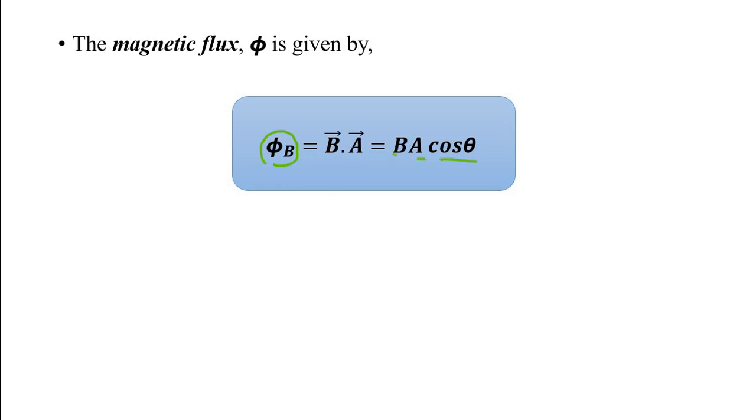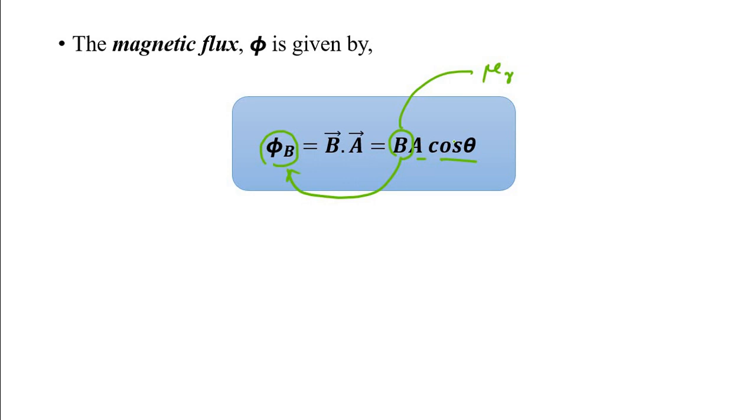So the only thing that is changing is this magnetic flux. Magnetic flux density is changing with respect to relative permeability. Relative permeability causes a change in magnetic flux density. Magnetic flux density causes a change in magnetic flux, phi B.